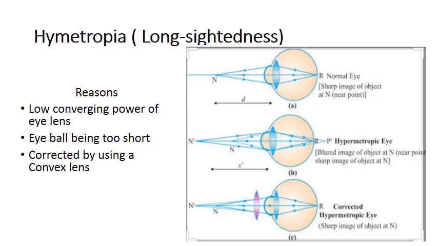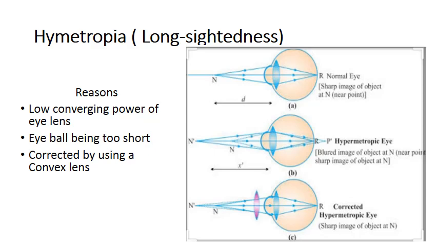So how can this defect be corrected? We place a convex lens of particular focal length prescribed by the doctors according to the degree of defect. That convex lens assists the crystalline eye lens to focus the image of nearby objects on the retina.